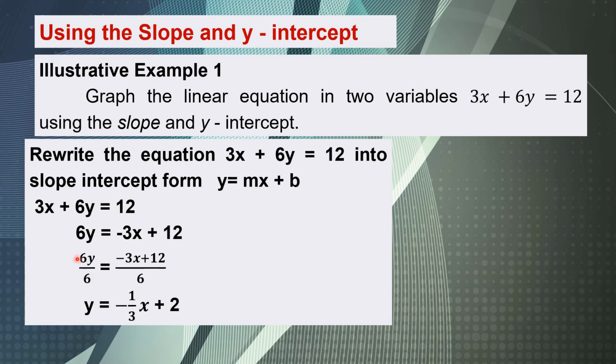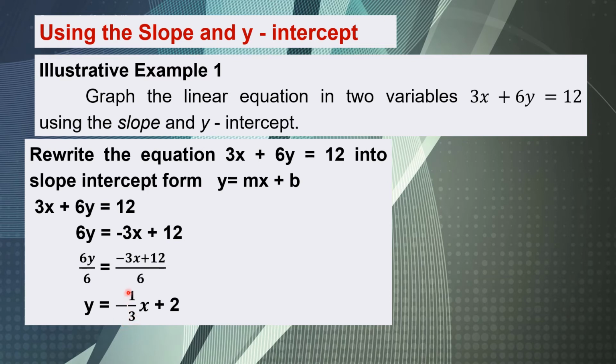So 6y divided by 6, cancel na yung 6. Ang matira ay y equals negative 3x divided by 6 is negative 1/3 x. Then, positive 12 divided by 6 is positive 2.